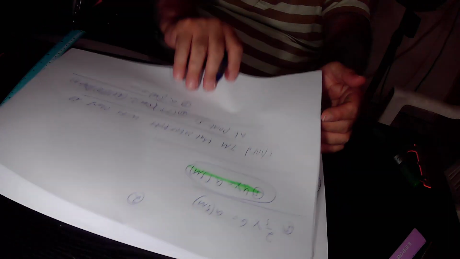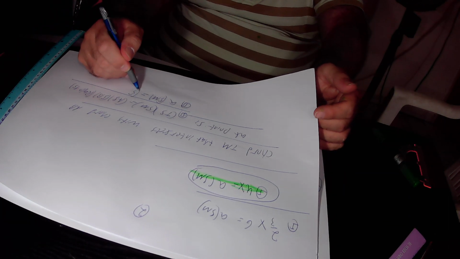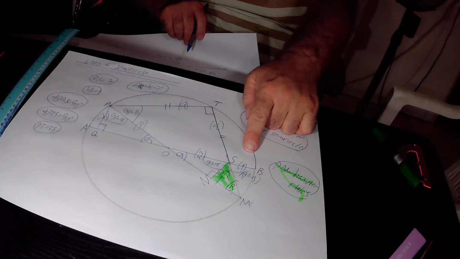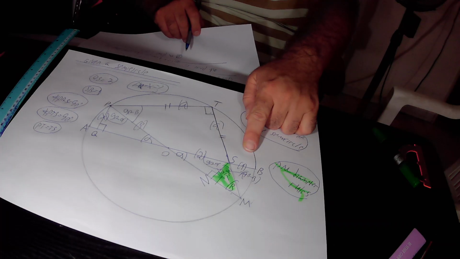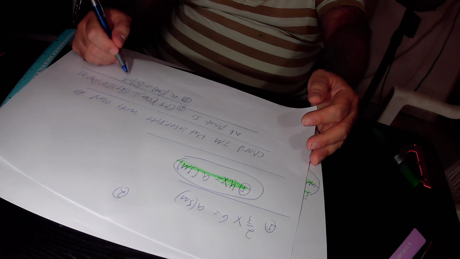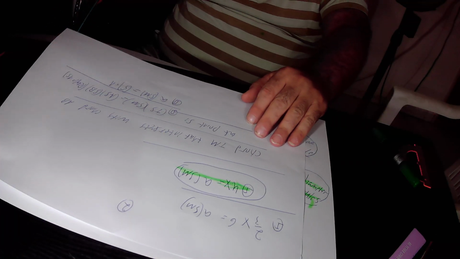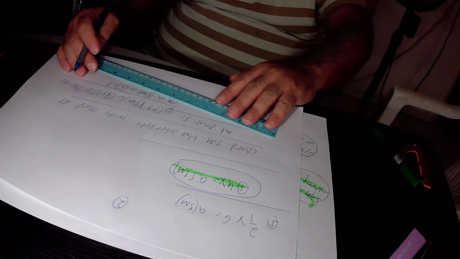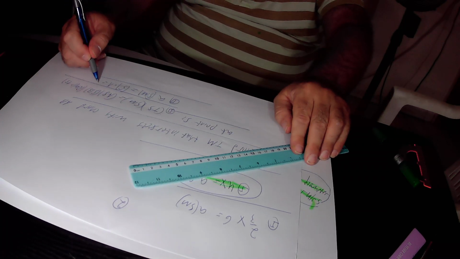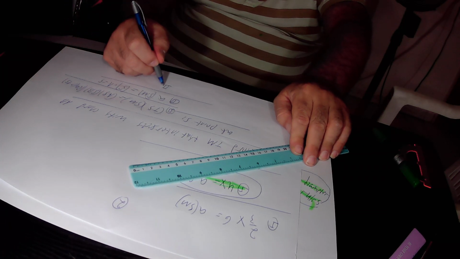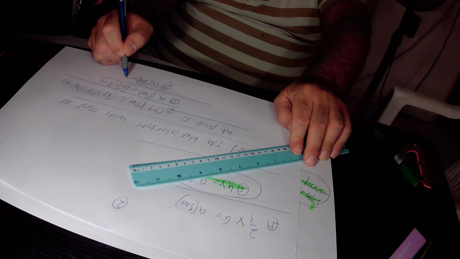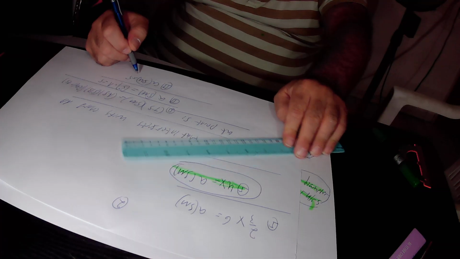AS equals 5 times SB. SB equals 1 unit according to what is given in the question. So we found out that A times SM equals 5 times 1, that is 5. So according to equation 2, A times SM equals 5.